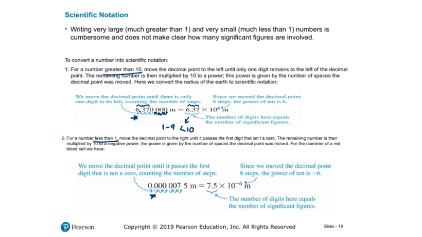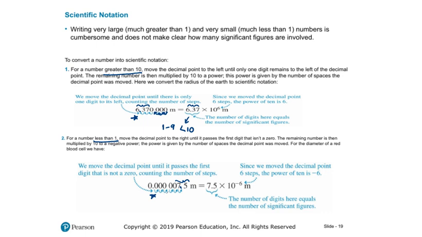If I have a very small number, this number here is the diameter of a red blood cell, so I'll have to write 0.0000075 meters. Even saying that is not easy. What I do in this case is again to write it in scientific format and see it nicer and understand it better, is to start from the dot, move in the right direction this time until I get to a point just before the very last number.